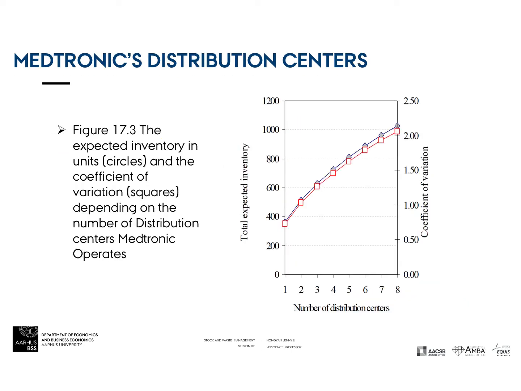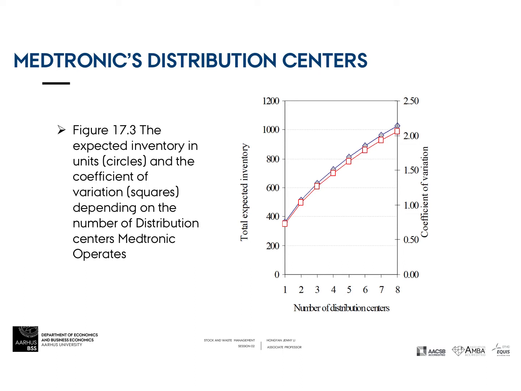We have talked about how to merge the inventory across different territories in Medtronic's supply chain. Now we can also talk about the distribution centers. Currently the company has only one single distribution center. What if they could extend it into two or more?